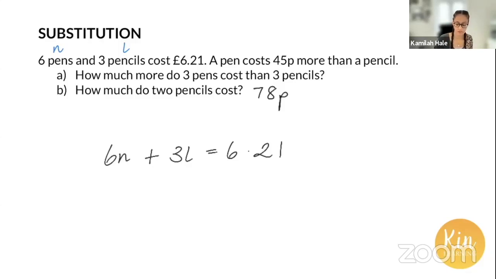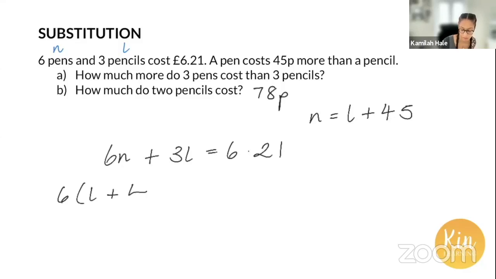If you wanted to, you could write that as n equals l plus 45. Now I know if 1 pen costs 45p more than a pencil, then 6 pens will cost 6 lots of 45 more. So you can write, if you're used to brackets with algebra, 6 brackets L plus 45.